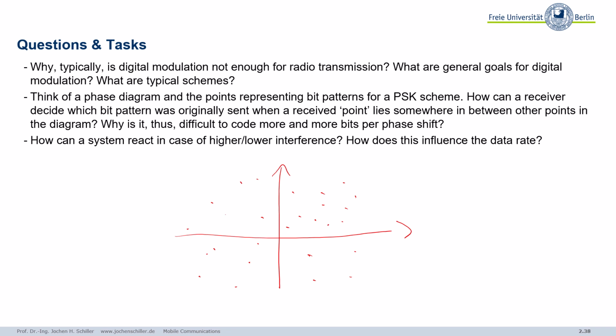So now think of coding more and more. That means packing more and more bits into a phase shift. So more and more points in the constellation diagram. Why is it quite difficult? And you saw an example how to react in case of higher and lower interference, and how this actually influences the data rate.